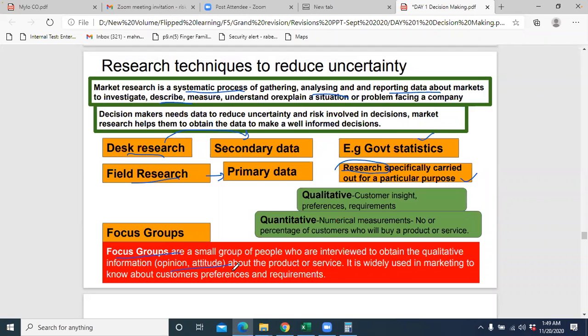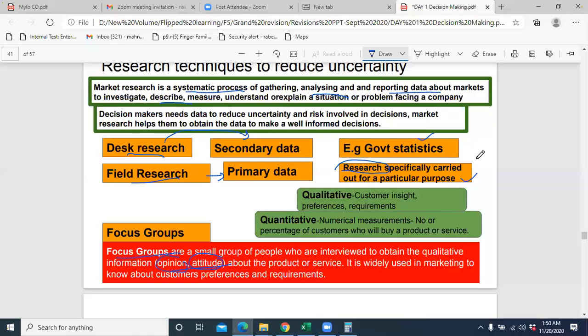They go and talk to the people in the public, and they interview, or they even do panel interviews. They are dealing with qualitative information, taking their opinions and attitudes. That also helps to bring the uncertainty down, and it gives you insight into the customer, what products they like, their likes and dislikes, and definitely their preferences and requirements.